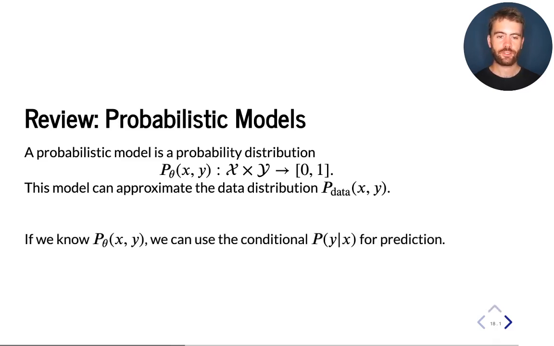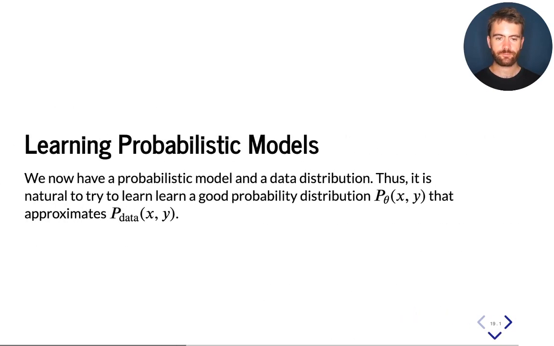Here I have defined a particular distribution with parameters theta, and these are instances of supervised learning as well, because given an input x, we can apply simple rules of probability to obtain a distribution of y given x and use that for prediction. So essentially, probabilistic models are a way of fitting the data distribution using machine learning.